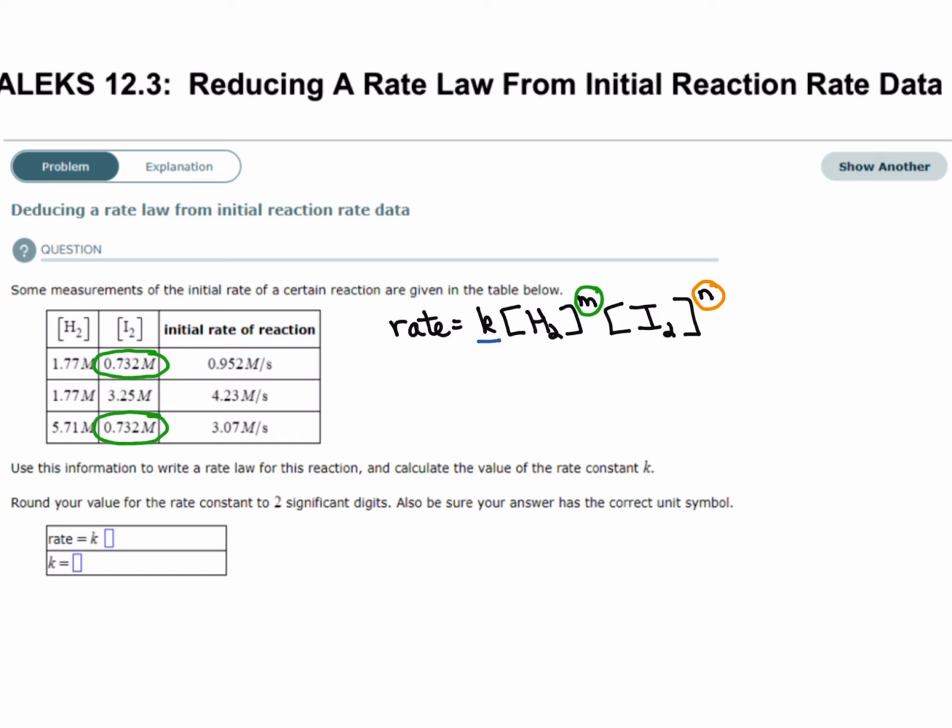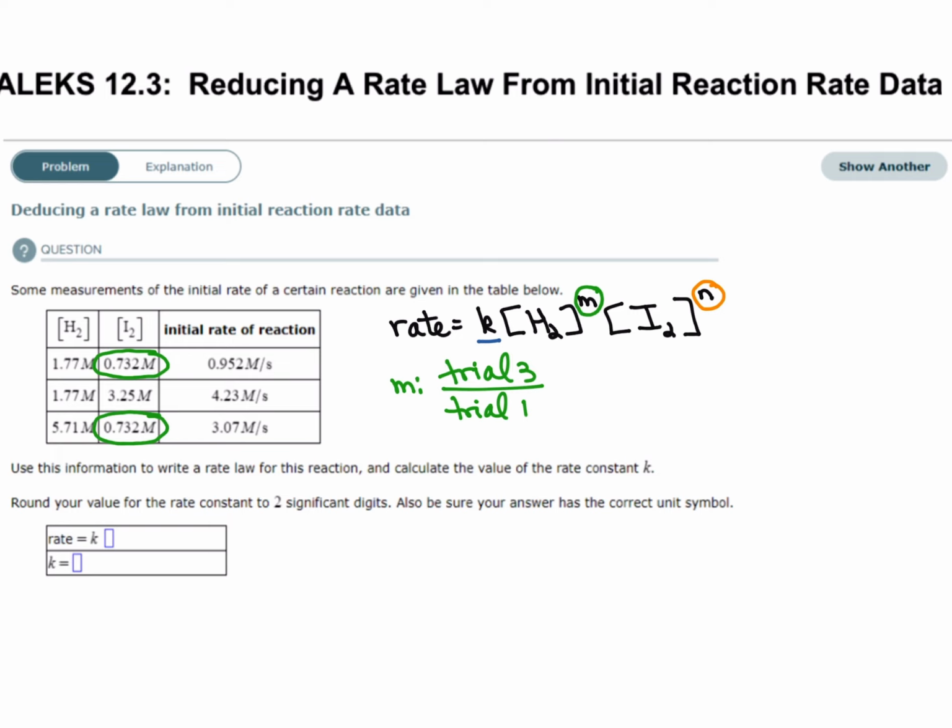So I'm going to divide the rates of these 2 trials by each other. But again, I want to make the math as easy as I can. So I want to put the one that has the larger rate on top as the numerator and the one that has the lower rate on the bottom. So in order for me to solve for m, I'm going to divide the rate of trial 3 by the rate of trial 1.